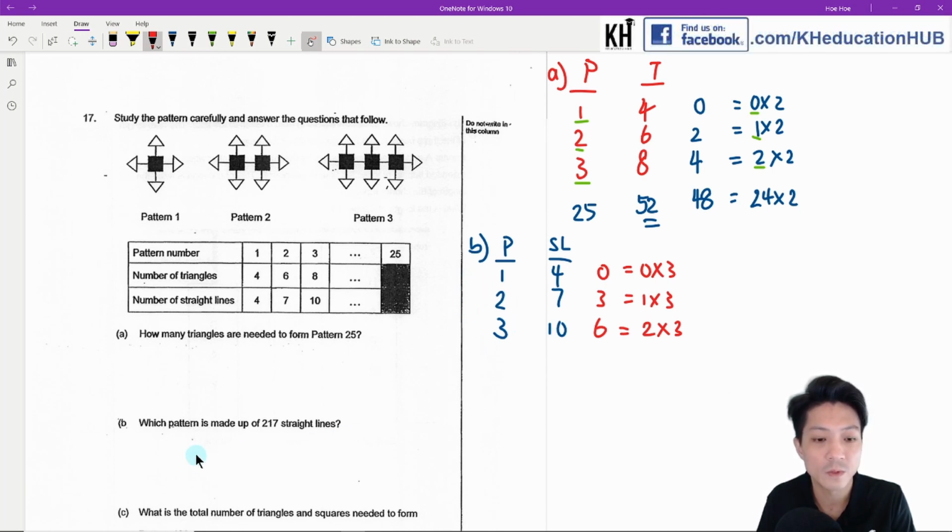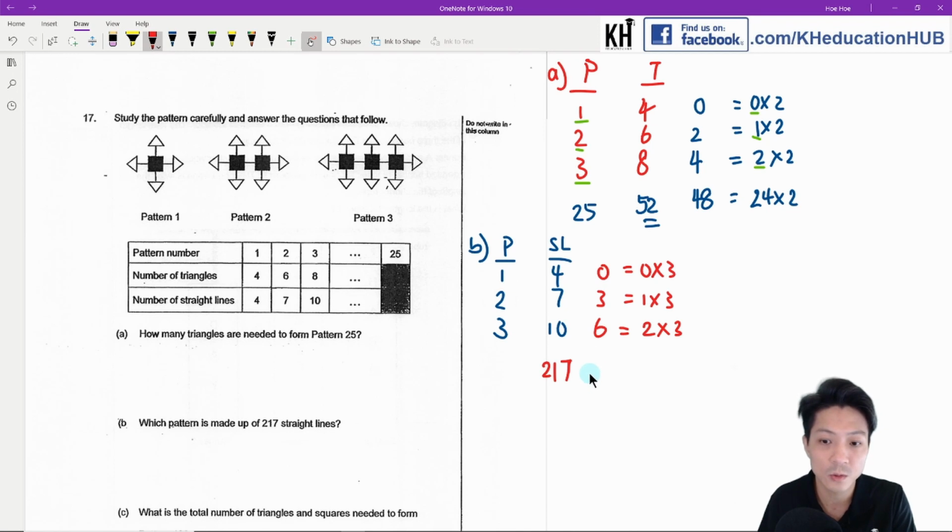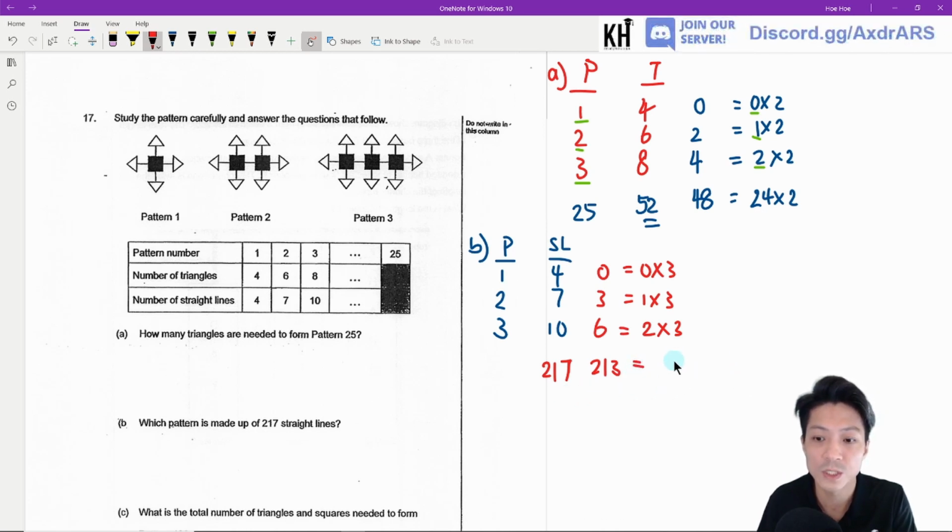They are asking for which pattern is made up of 217 straight lines, right? So first I will minus away 4. 217 minus 4 is 213. So 213 is what times 3? 213 divided by 3 is equal to 71.